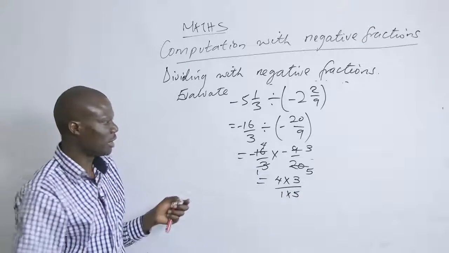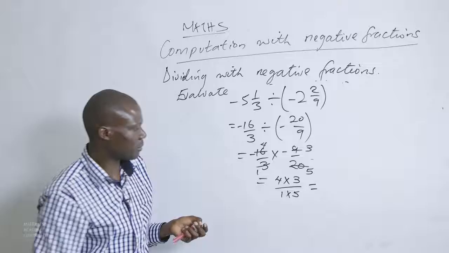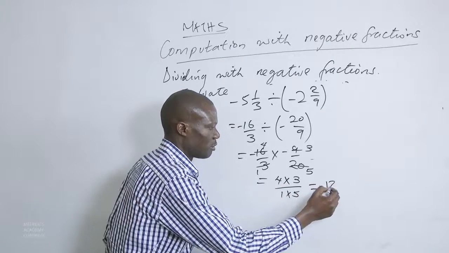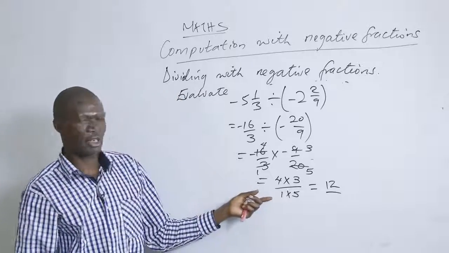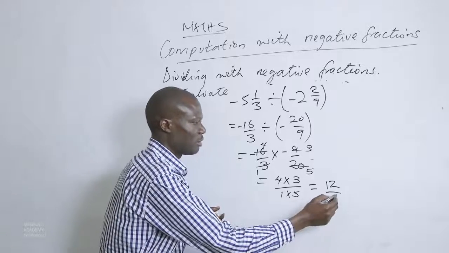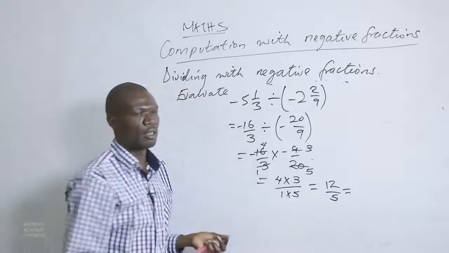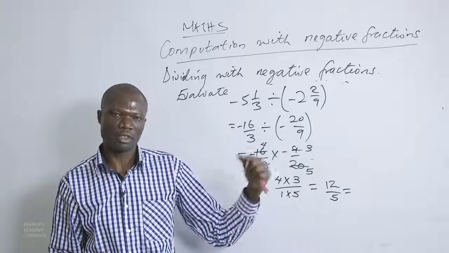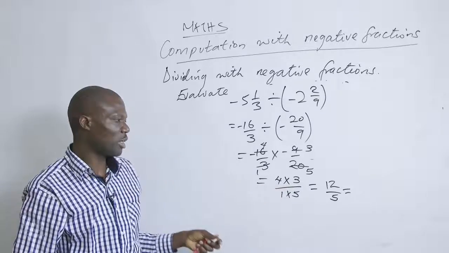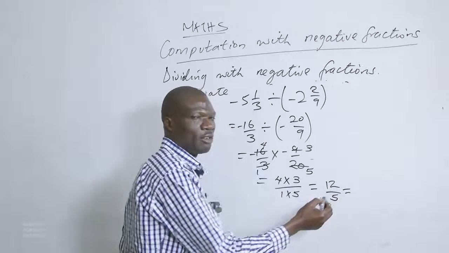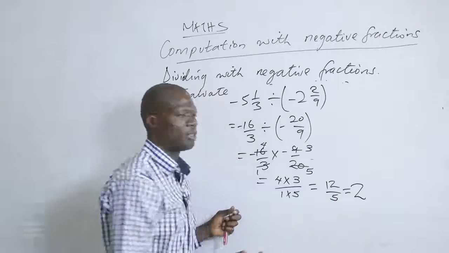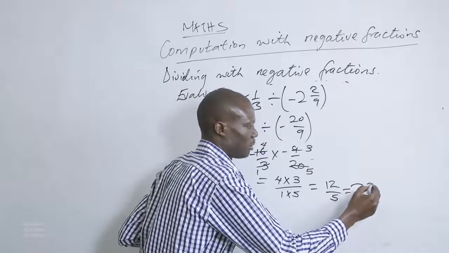That gives us 4 times 3 is 12, and 1 times 5 gives us 5. Now, because it is improper, we can simplify it further. 5 goes into 12 twice, so it is 2, remainder 2, giving 2 and 2/5.